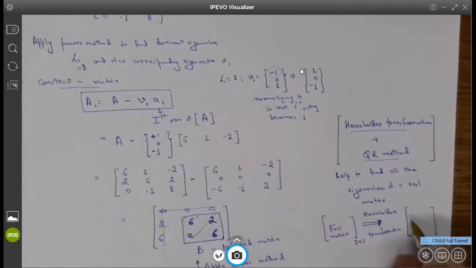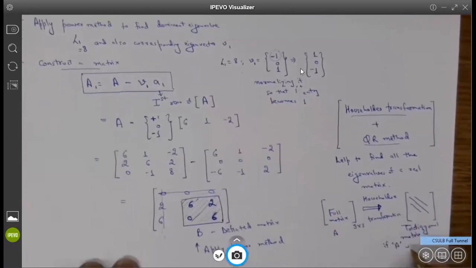But what it does is convert it into a tri-diagonal matrix system if the original matrix A is symmetric, or into an upper Hessenberg matrix.